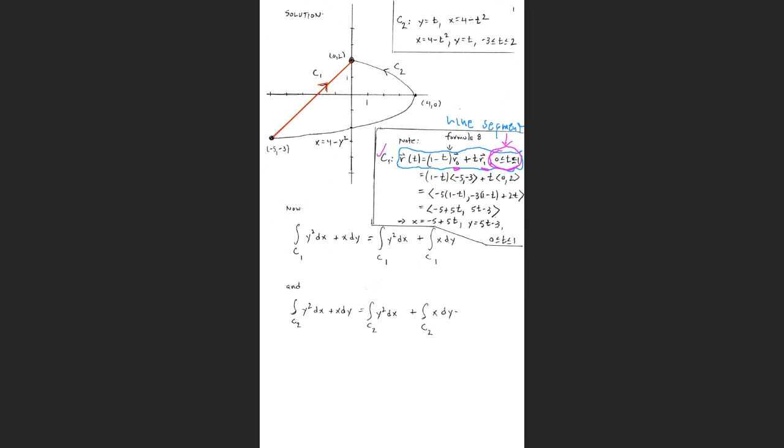So the initial point had coordinates -5, -3. That's r sub 0. And the end point is 0, 2. That's r sub 1. So the parametric equations for the space curve turn out to have an x coordinate x equals -5 plus 5t, and a y coordinate y equals 5t minus 3, where t goes from 0 to 1.